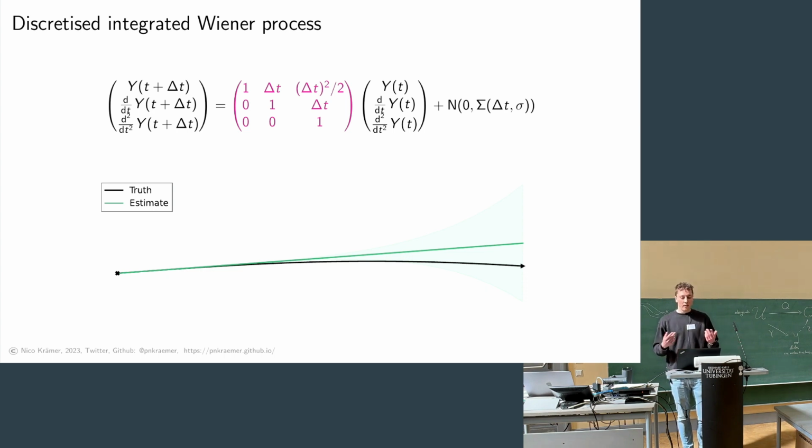And in pictures, if we use this to approximate, I think this was a weirdly flat sine function, then we get this quadratic approximation, this green line, with growing uncertainty the further away we get from the current location. So the larger our steps are, the larger our uncertainty estimate.